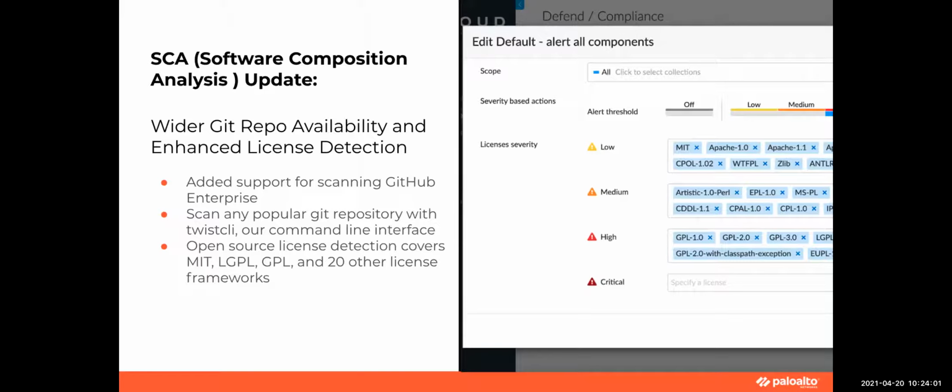At this point in time, we are enhancing capabilities for Git repo vulnerability scanning, which we first introduced for GitHub Cloud, but now we are expanding to all of Git and enhancing that support in Twist CLI itself.